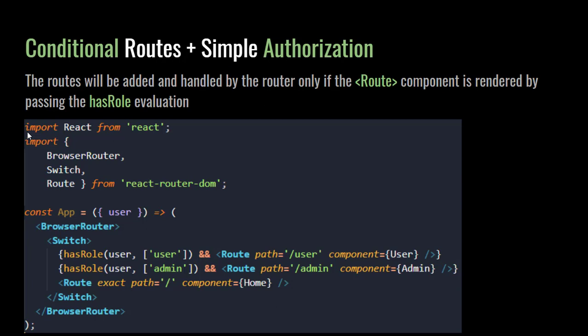And then we basically AND it with the component itself. It's basically saying, does the user have the role user? Is he a guest? And the path matches /user. If so, then we allow it to show. Otherwise, that evaluation will return false and not be available inside the switch statement. Same thing if the user is admin and the path is /admin, then we show the component. Otherwise, we fall to error.